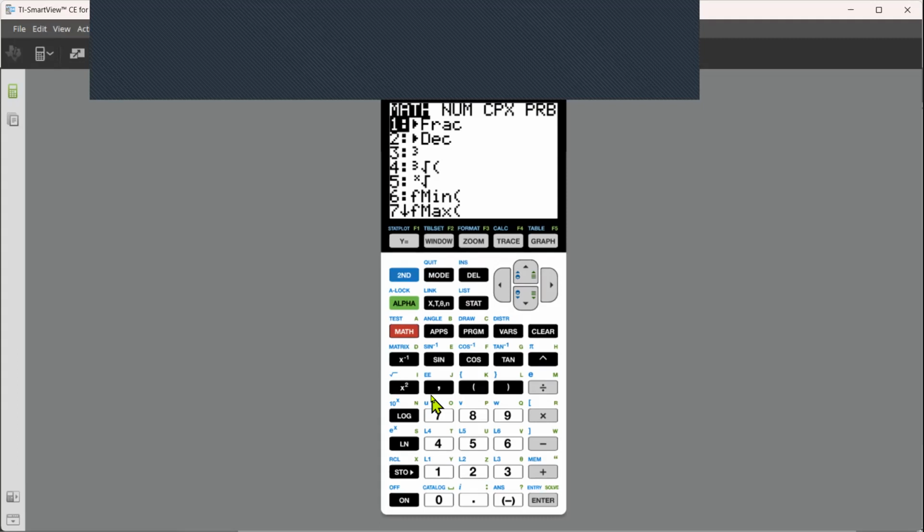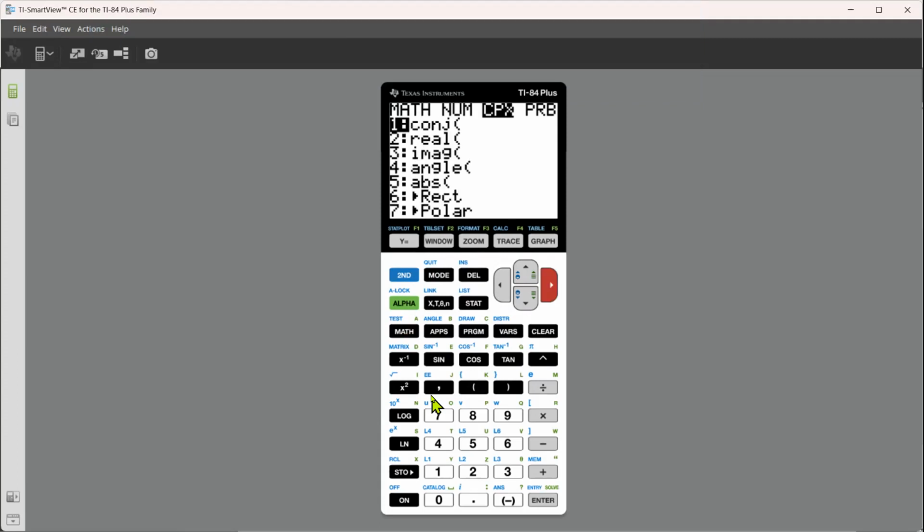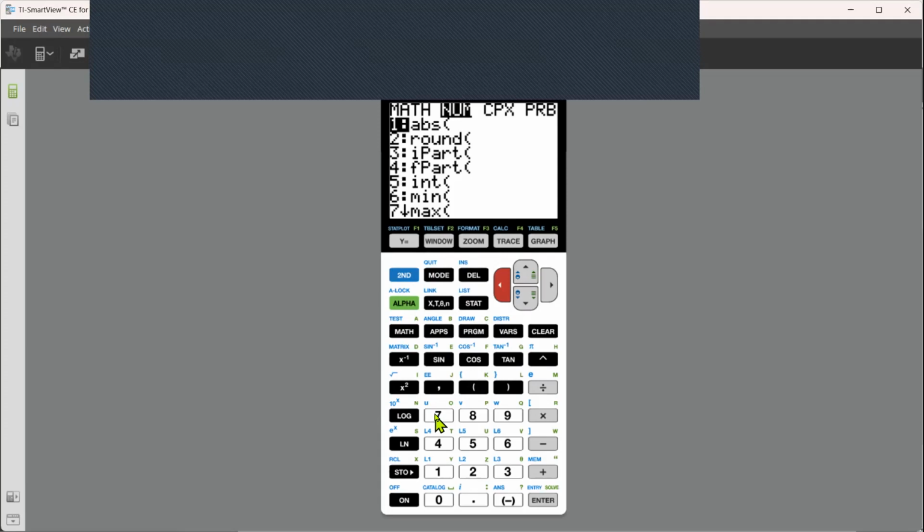I have to see where that's at. There it is. It's on top of the math key. You see it? So I'm going to go second math and I'm going to get this menu here.